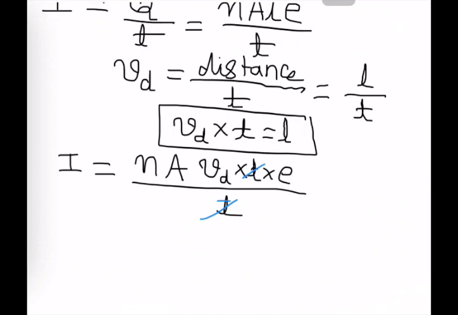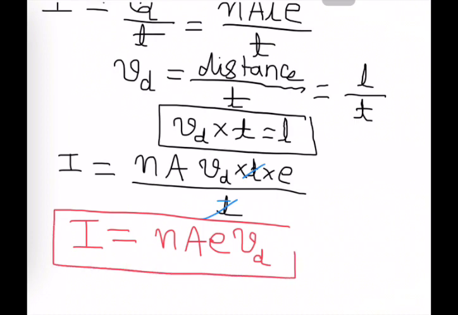Therefore, your final expression for the current through the conductor in terms of drift velocity is I = nAeVd, where Vd is the drift velocity, n is the number of electrons per unit volume, A is the area of cross section, and e is the charge on one electron. This is the derivation of the expression for the current passing through a conductor in terms of drift velocity.